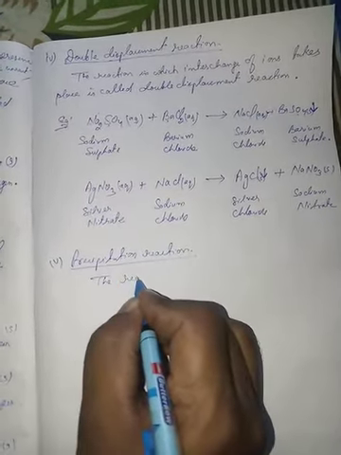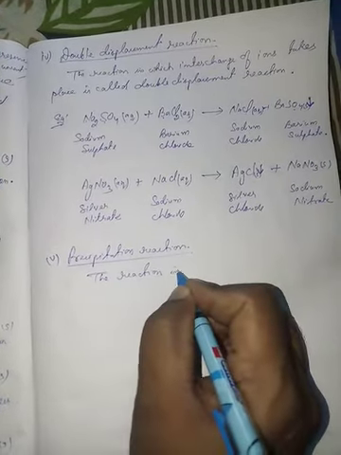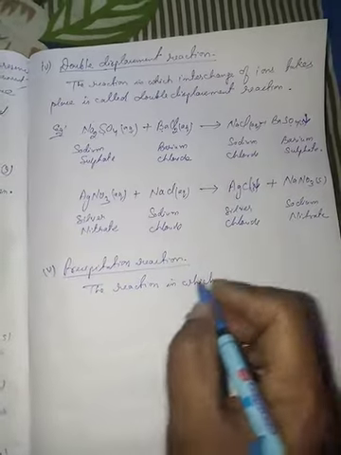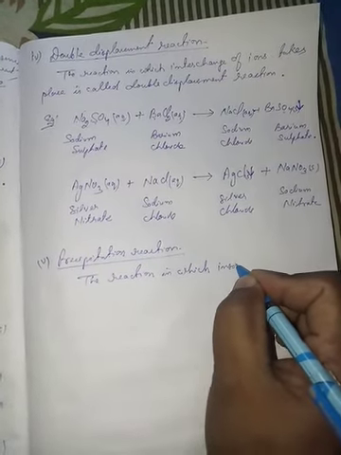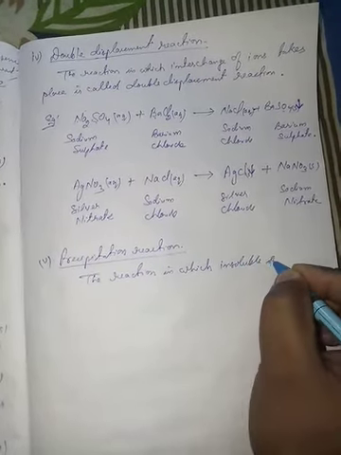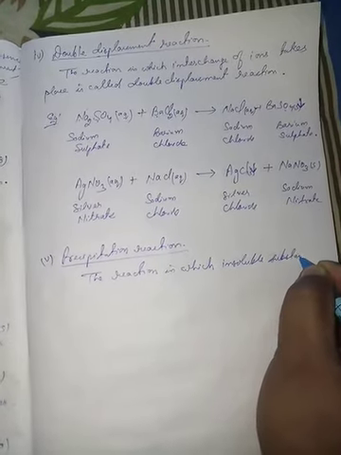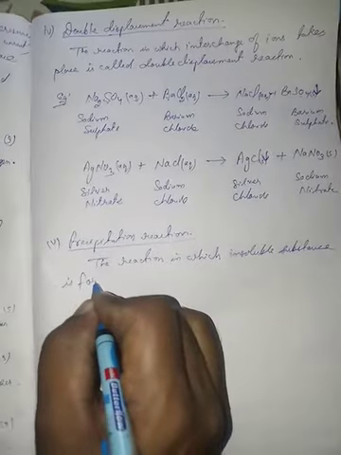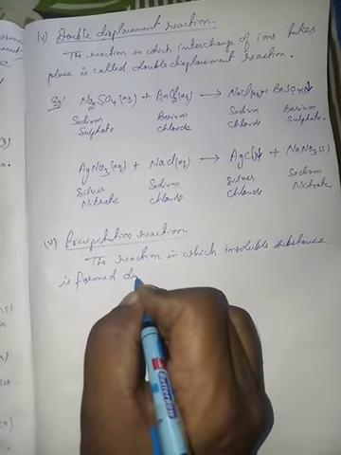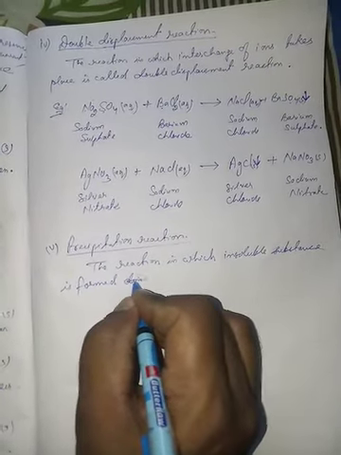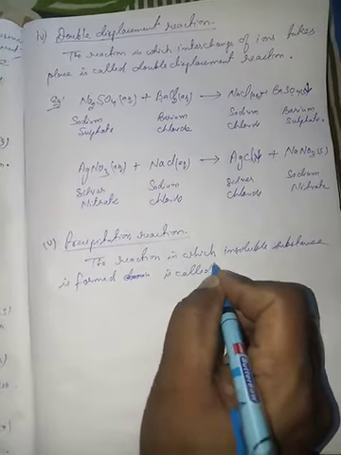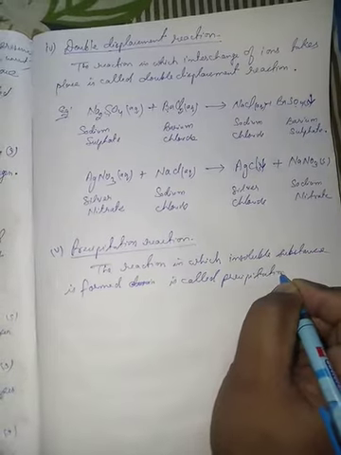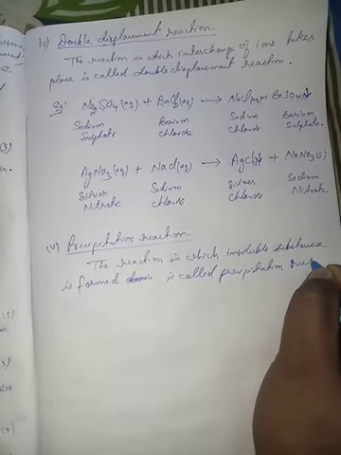The reaction in which an insoluble substance is formed, as we have already discussed, is called precipitation reaction.